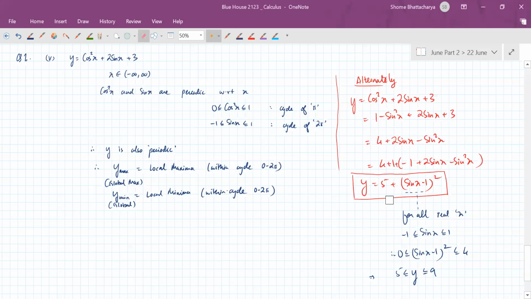Just a minute, I'll share the file again. One small correction here: there should be a minus sign in between.